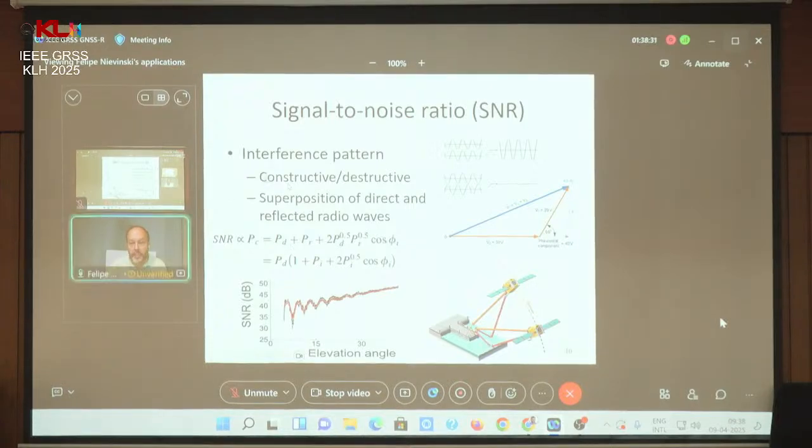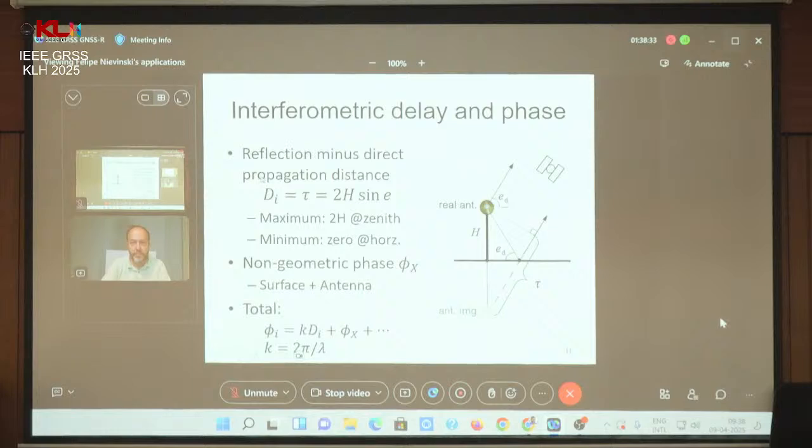And we'll see that in a moment. So the reflection delay in meters will be a simple function of the antenna height multiplied by the sine of elevation, and this sine of elevation is the factor that causes the variation from 1 at the end to 0 at the horizon.